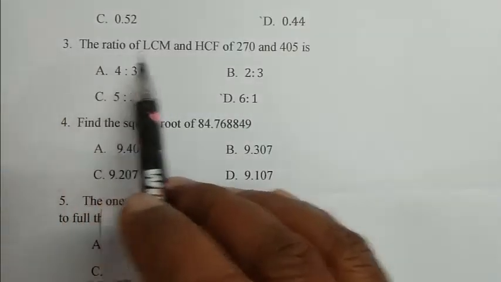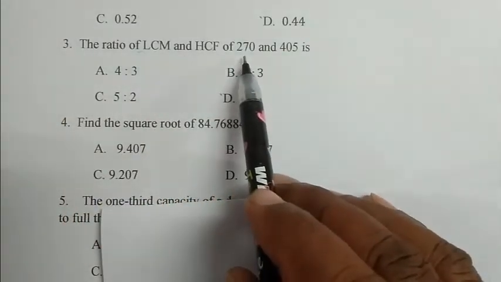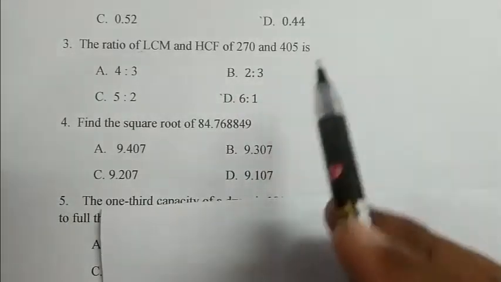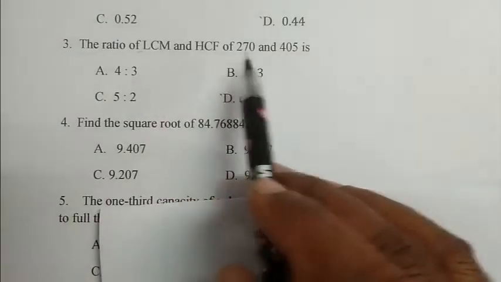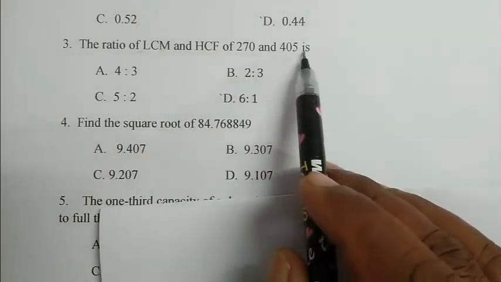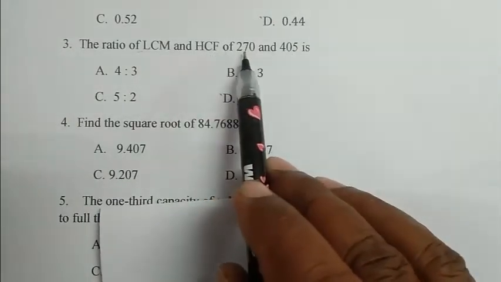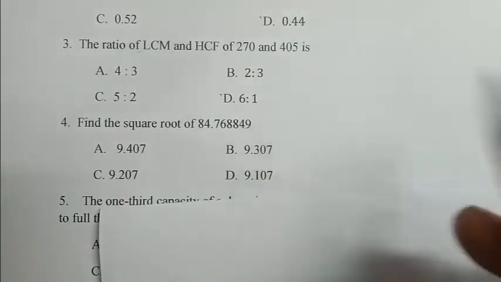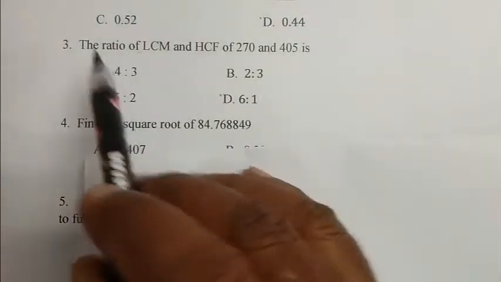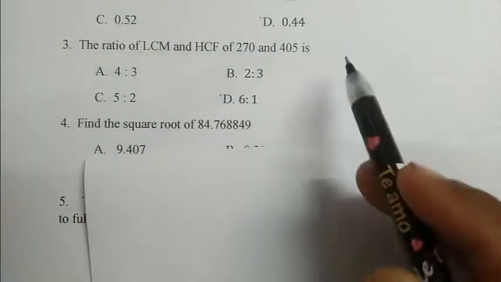Question number 3. The ratio of LCM and HCF of 270 and 405 is, first we calculate the LCM of 270 and 405, and after that we calculate the HCF of 270 and 405 and get the ratio of the result.